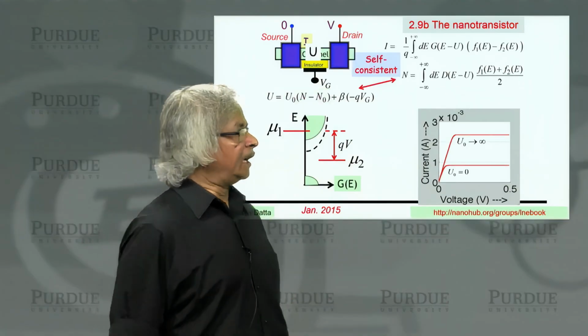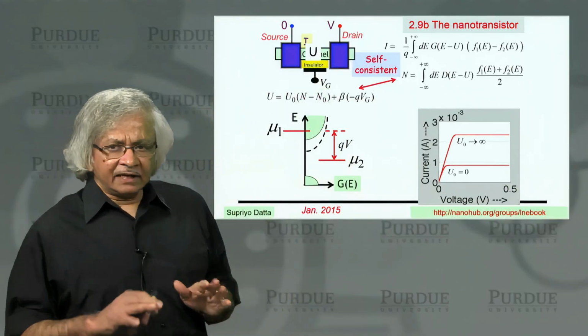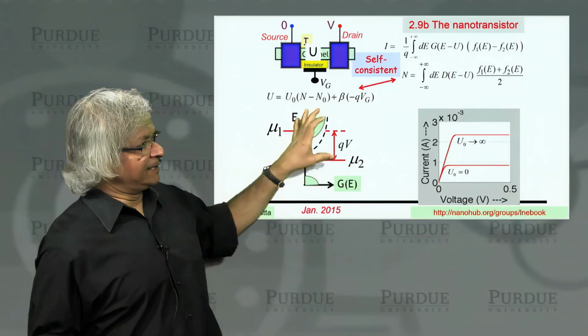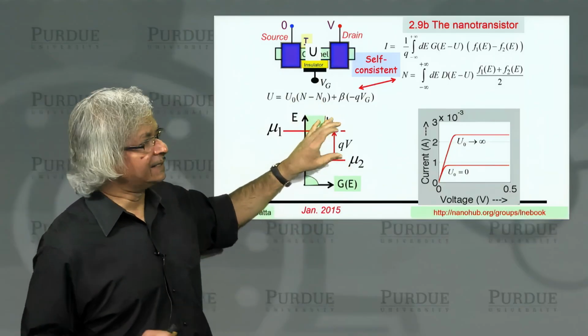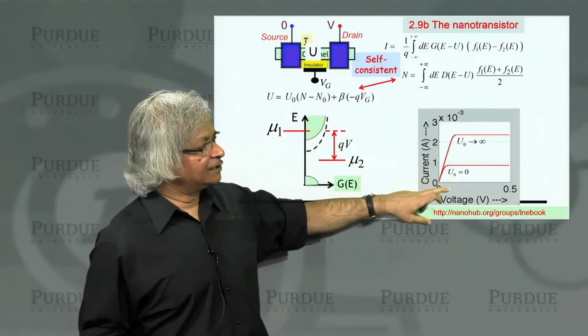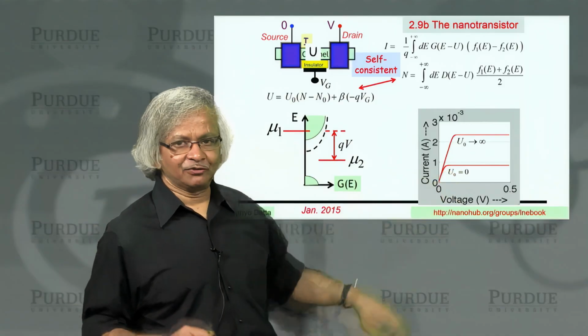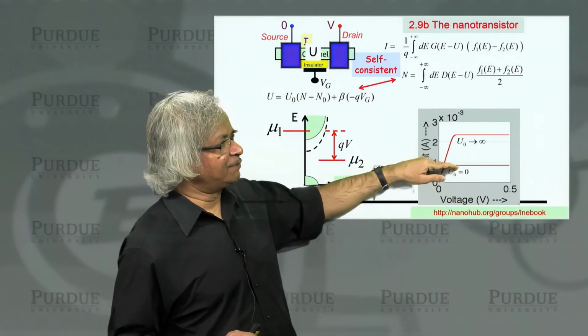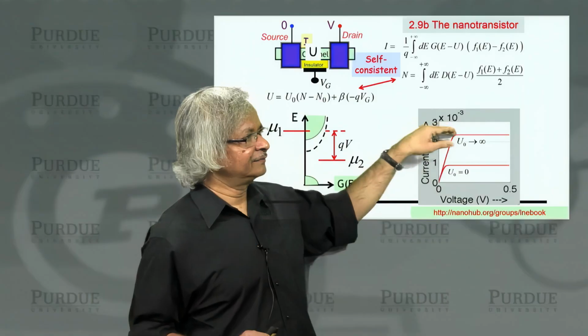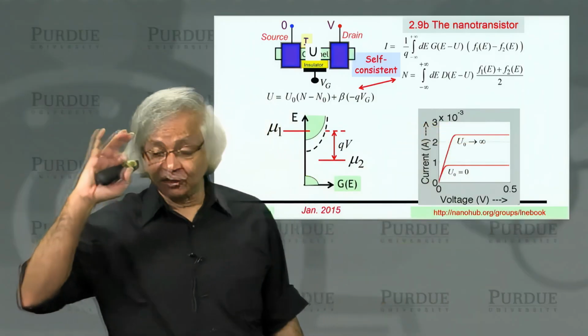Okay. Now, there is another factor that is missing in this discussion, and that is that any expert, if they looked at this curve, what would bother them is this perfect saturation. Actually, that's a very good thing.